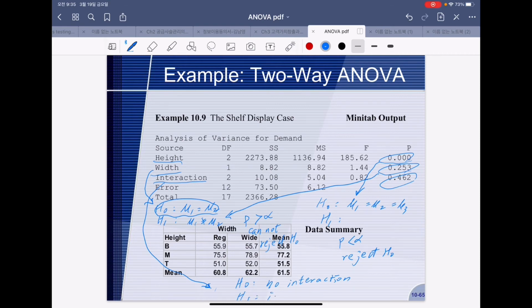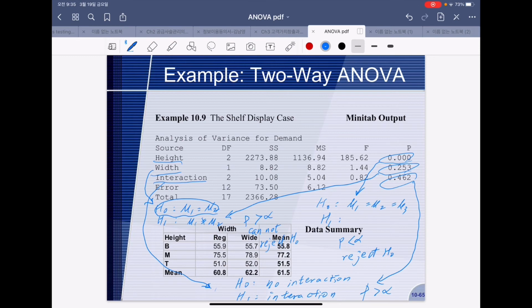Interaction exists. Now, in this case, the p-value is 0.462. So this one is greater than alpha, right?